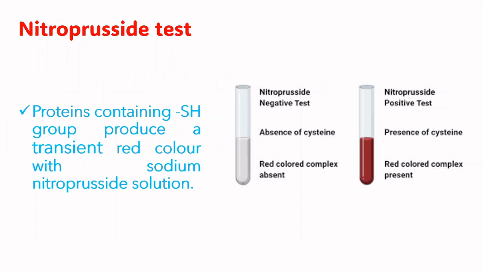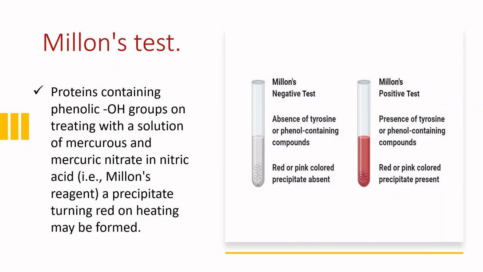Third test is the nitroprusside test, and this test is given by proteins containing SH group, thiol group, especially cysteine. And when we react these proteins with sodium nitroprusside solution, it gives a red color. Next is Millon's test. Millon's test is used for identifying proteins with phenolic OH group.